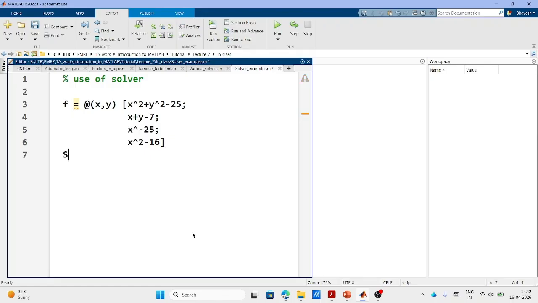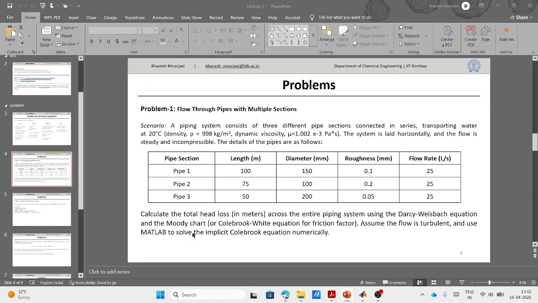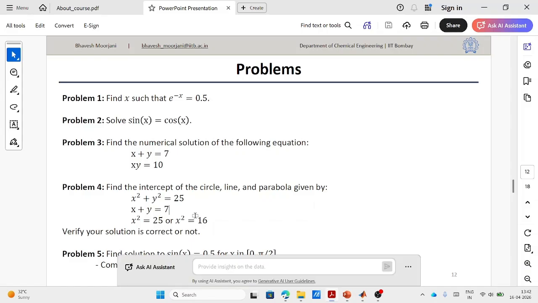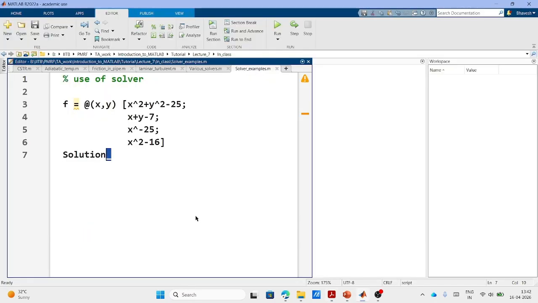I have defined it. Now my answer will be the solution to this line, or let me call it the intercept, is equal to my fsolve. Why fsolve?